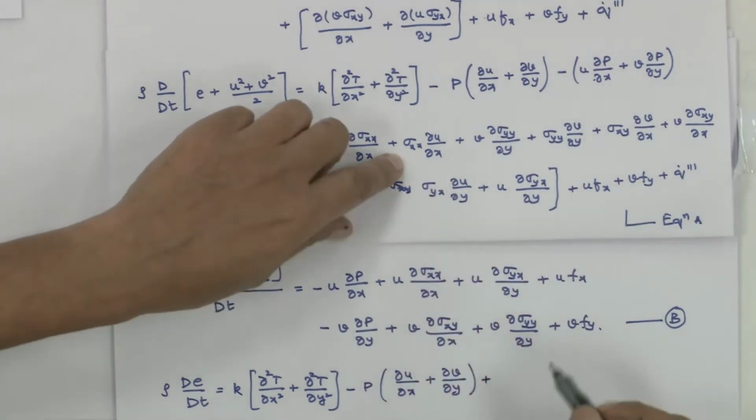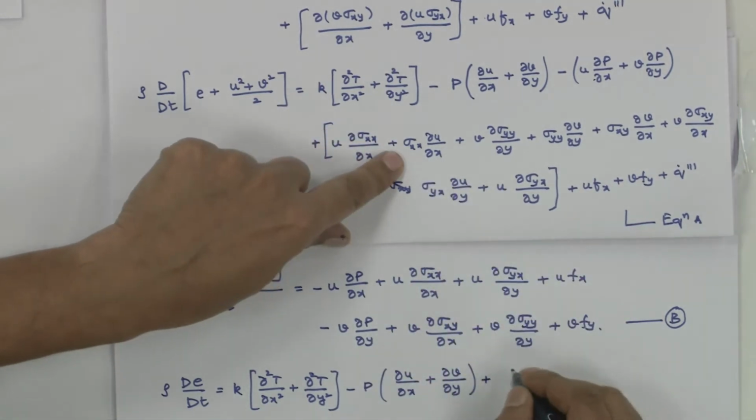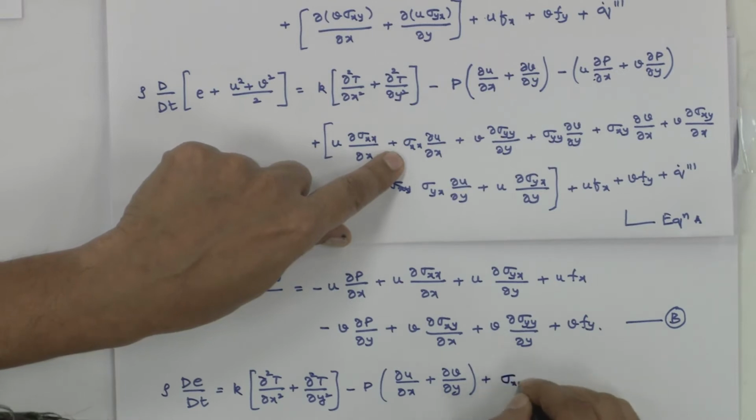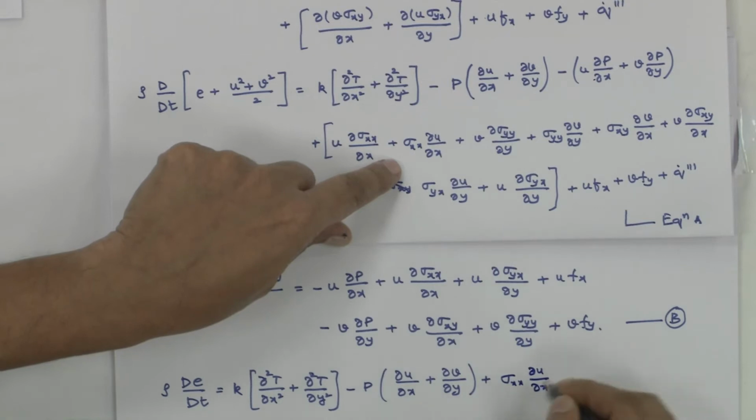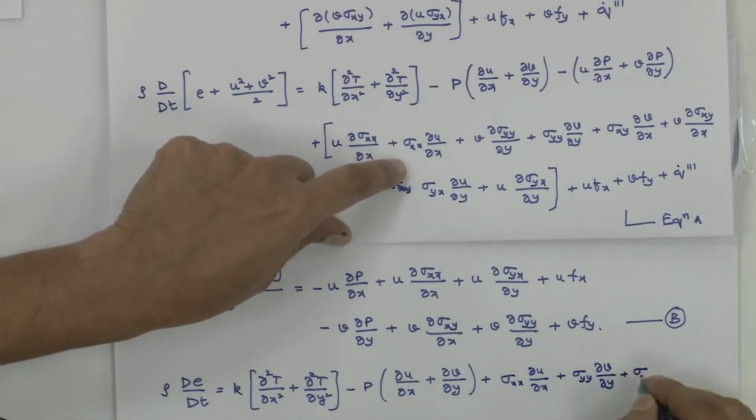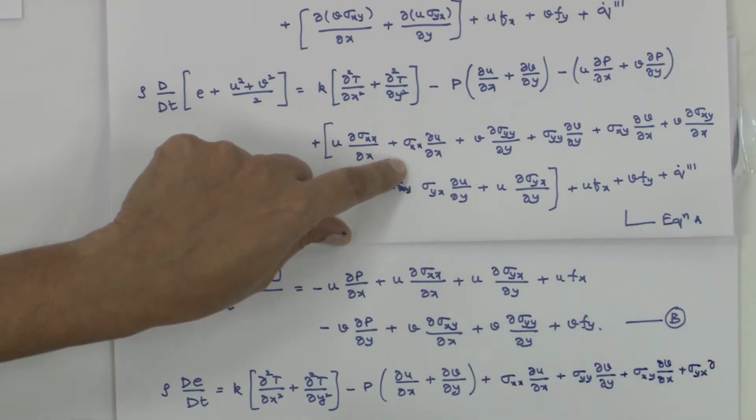So what is left out is only the stress terms, which are coming first: sigma xx del u by del x plus sigma yy del v by del y plus sigma xy del v by del x plus sigma yx del u by del y plus q dot triple prime.